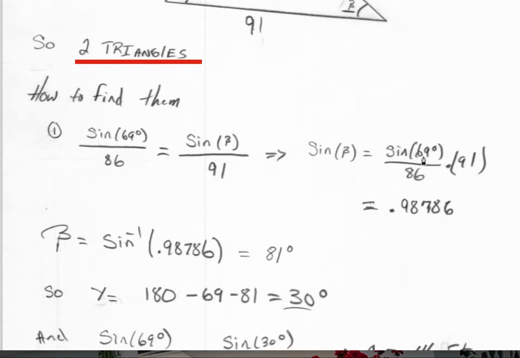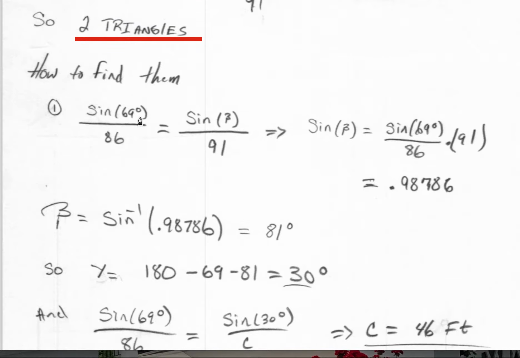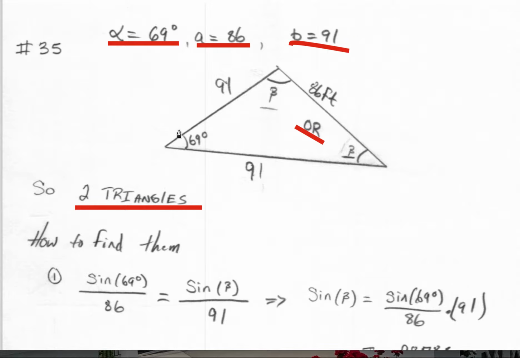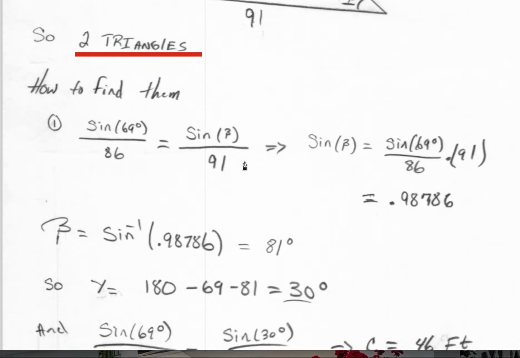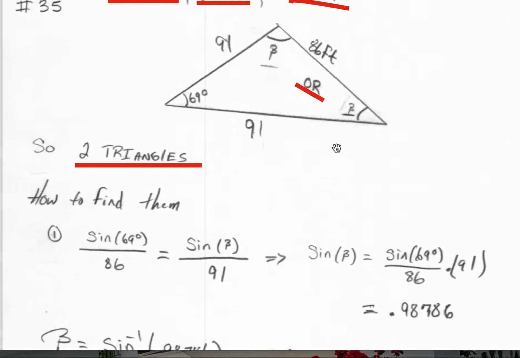So how do I find those two triangles? First I find the easy triangle. I set sine of 69 degrees divided by 86, the sine of the angle over the opposite side, equal to the sine of beta, which I don't know yet, divided by 91, because they told me side B was 91.